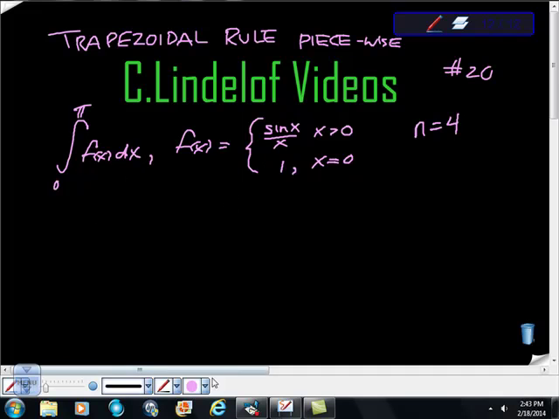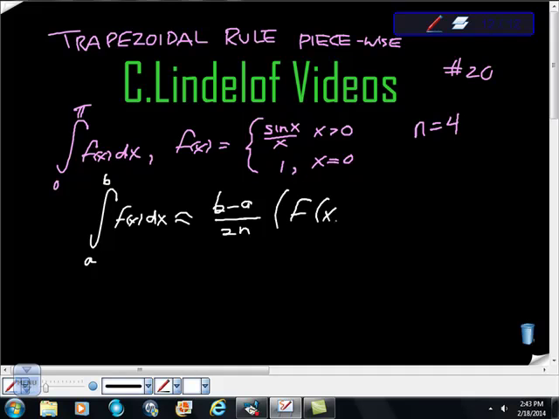The first thing I'm going to do is just really quickly remind you, because this is what it really comes down to, about this approximation that we're allowed to use. And this is an approximation, so please be careful about using an equal sign. It's b minus a over 2n, times f of x sub 0, the initial value, plus 2 times f of x sub 1, plus 2 times f of x sub 2, and so on.